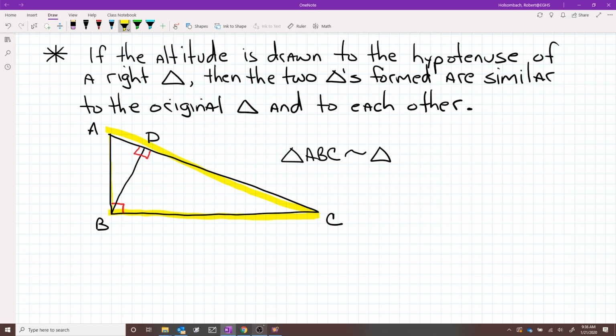Agreed? A to B is the short leg, B to C was the long leg, hypotenuse is what was left. That pattern is the same pattern you will use when you describe the other two triangles. So in this next triangle, we've got to go short, long, hypotenuse. So what would that triangle be labeled?